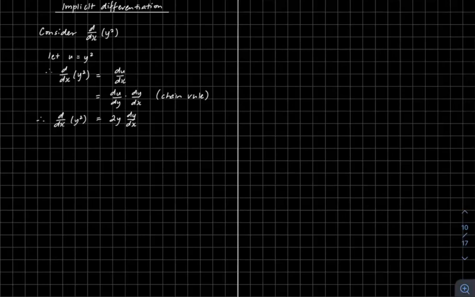Now, what you might notice is that what we started off with, the derivative with respect to x of y squared, is actually just the derivative of y squared with respect to y, so 2y, times dy dx.